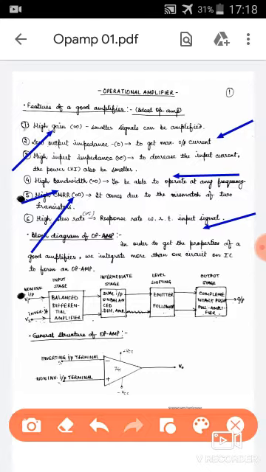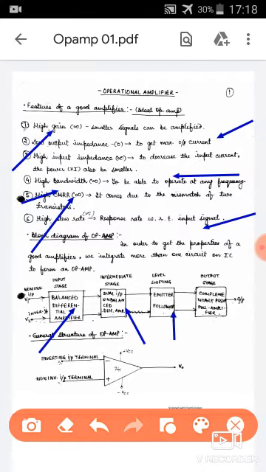There are 4 stages in the block diagram. The first stage is a balanced differential amplifier, in which two input signals V1 and V2 are applied, and their difference is amplified by this stage. The second stage is the intermediate stage, which is basically a dual input unbalanced amplifier, because here there are two inputs and we are getting a single output, hence it is named unbalanced.